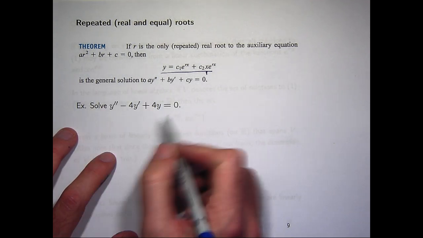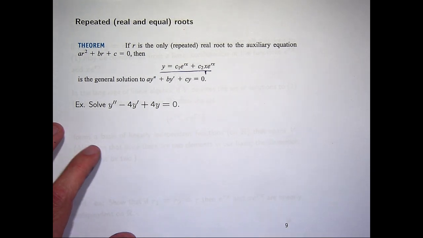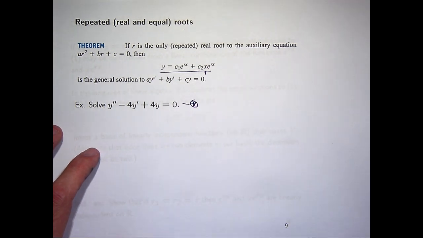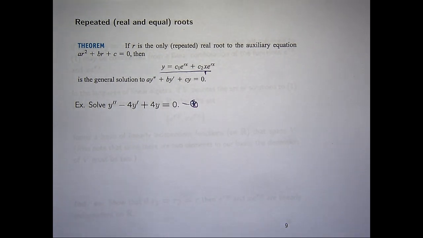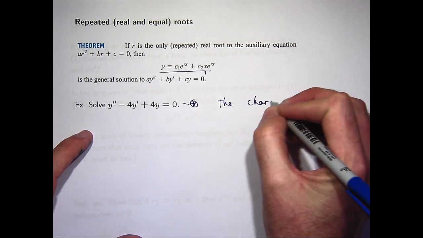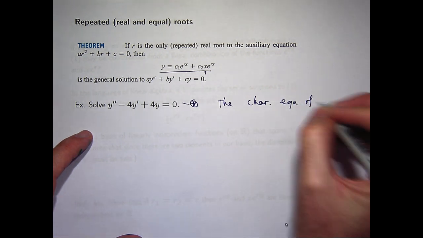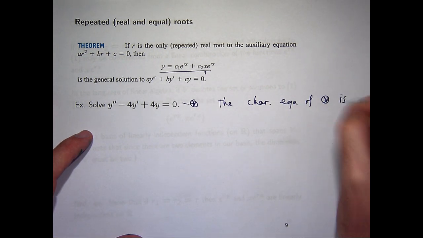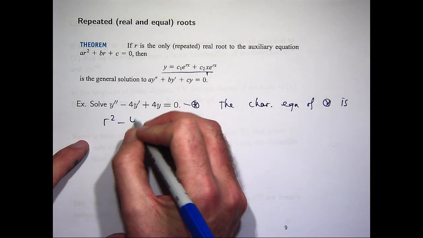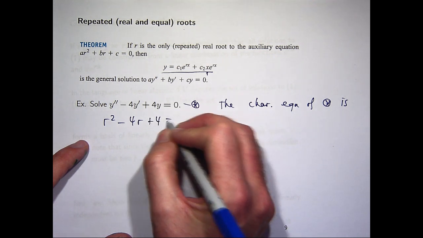But let's say I had this in an exam and I wanted to solve it. You'll just write down the characteristic equation, solve that for the roots, and analyze the roots. So the characteristic equation of star is the following. It's going to be r squared minus 4r plus 4 equals 0.